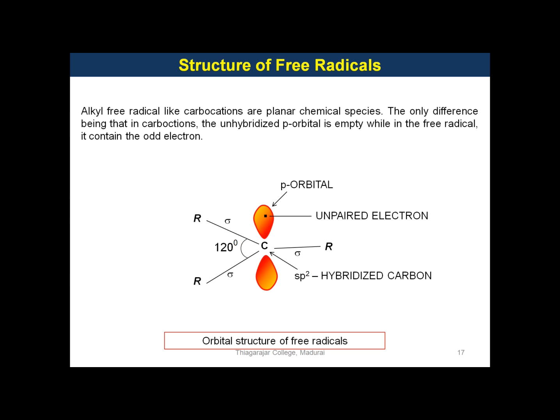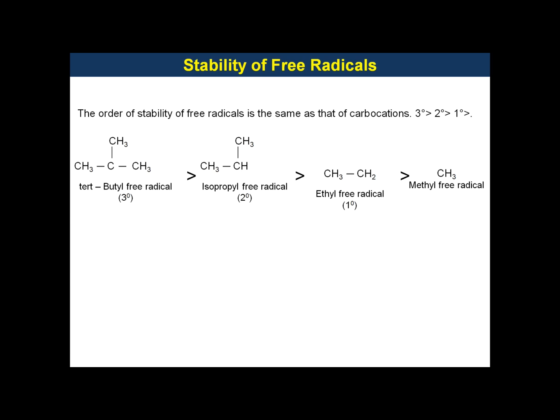We can also explain the stability of alkyl free radical by inductive effect and hyperconjugation effect. It is similar to the carbocation. Since it is electron deficient in nature, more the number of alkyl groups, more will be the stability.